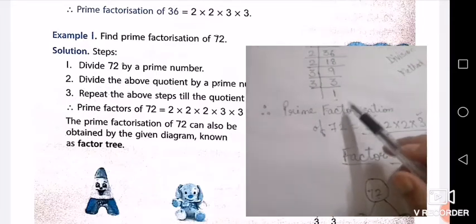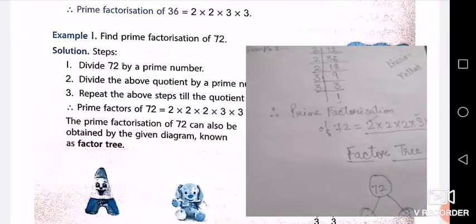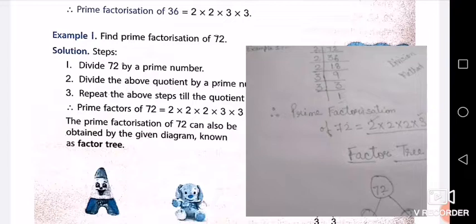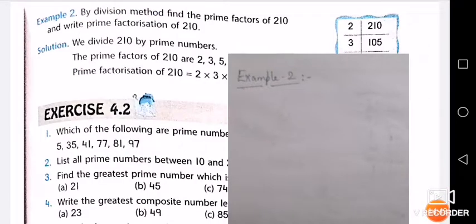So now let us see one more example. In the next example also we will do both methods, division method and factor tree. So let us start example 2. By the division method, find the prime factors of 210 and write the prime factorization of 210.